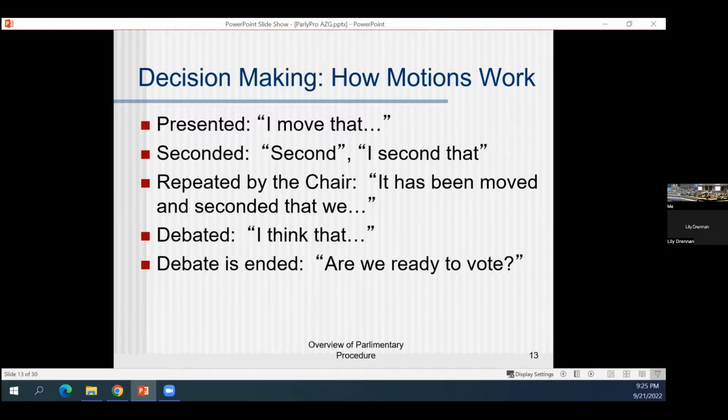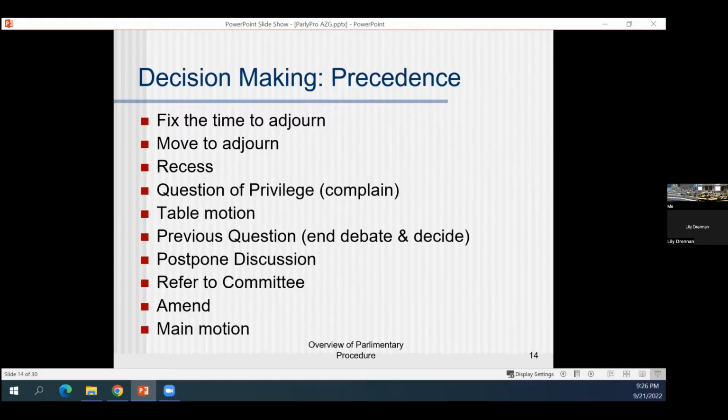Once the debate is over, and there are a whole bunch of ways that that can happen, and I'm not going to go into the details here, we're ready to vote. All those in favor say aye. All those opposed say nay. We tally the vote. Voice vote is the most common, but we'll talk about different voting procedures in a minute.